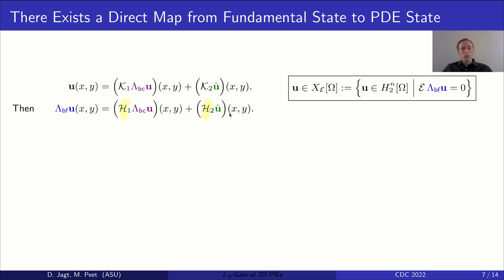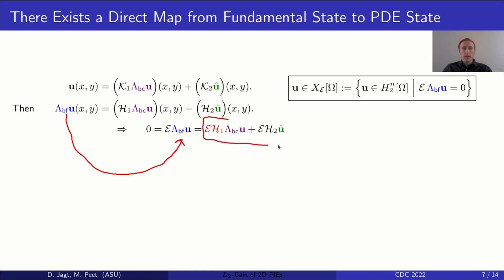Then, of course, we can invoke our boundary conditions, where we substitute our expression for the full boundary vector into our boundary conditions, yielding this expression for our boundary conditions. Then we can move our core boundary state to the other side of the equation to find that we can express the core boundary state in terms of our fundamental state, assuming this operator EH1 here to be invertible.